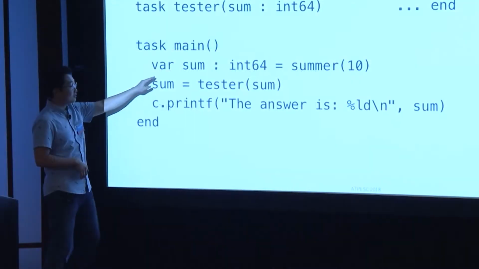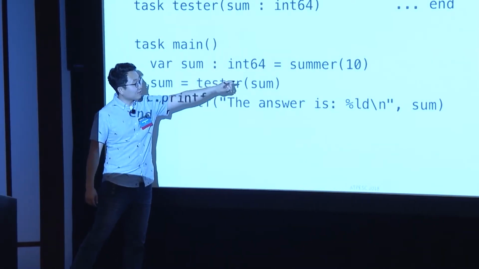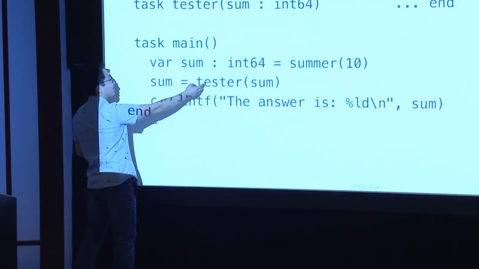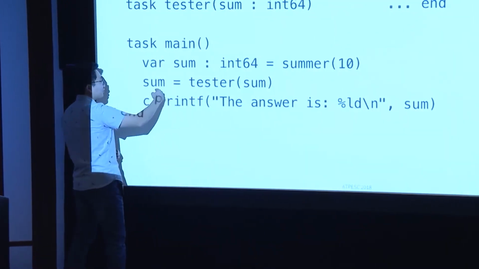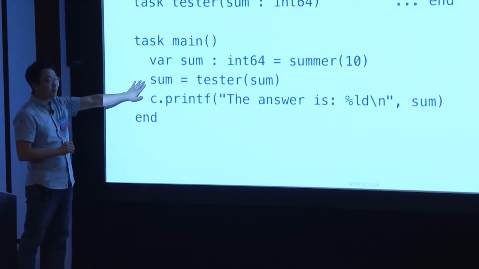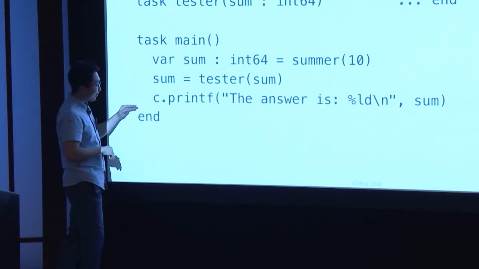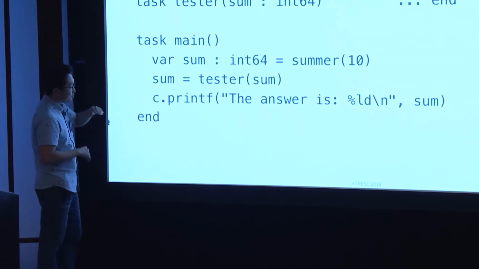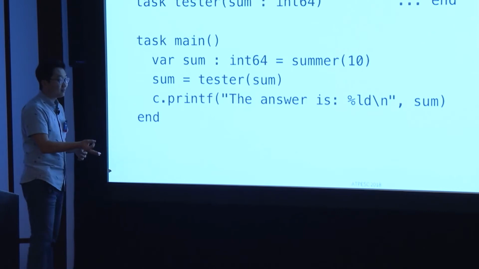Here, the main task just gets a result out of the summer task and passes it to some other task. And again, at this point, the main task doesn't look at the value of sum. It's only when main hits this point that it actually needs to wait for something to happen.